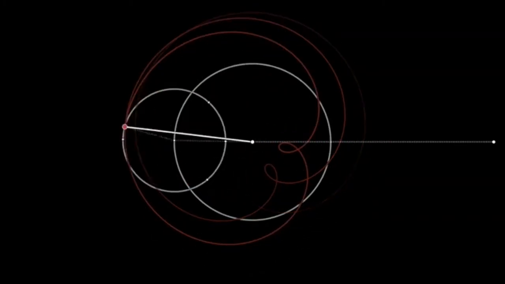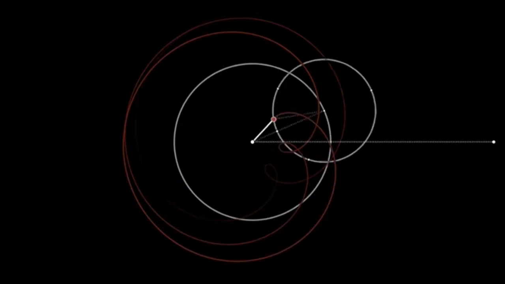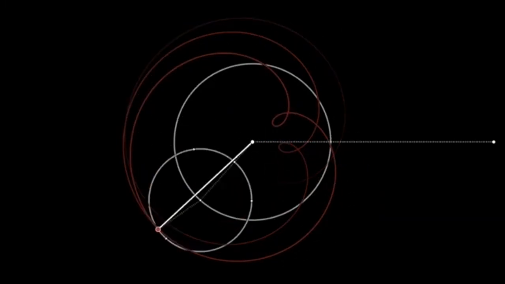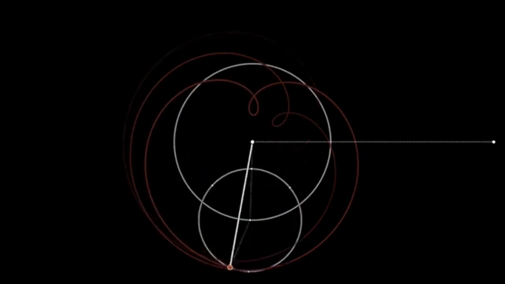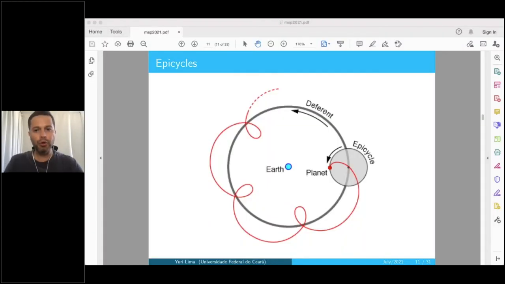Okay, I think this is related to Fourier series, but I'm not sure. So this video was just an example to show you that with this idea of coupling circles, you could actually mimic the movement of the planets that you see when you look at the sky.